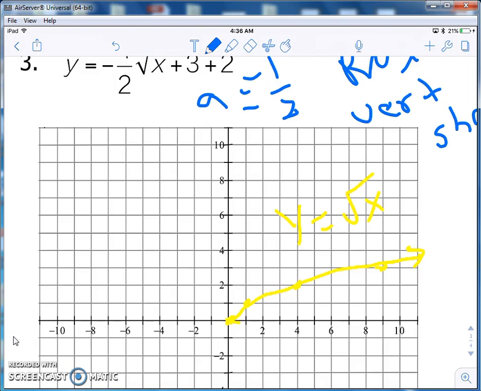And this quite different starts at negative 3, positive 2. So it's going to start right here. And that negative is going to shift it down, and it's going to shrink by a half. So instead of over 1, down 1, we actually are going to be at a half.